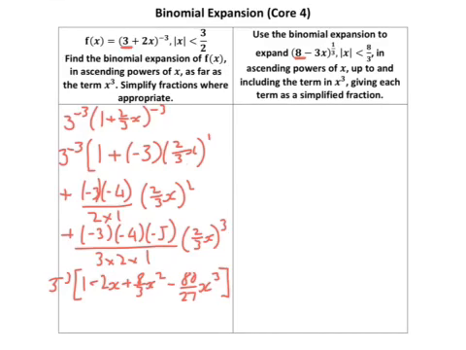Multiply through by 1/27, or 3 to the power minus 3, and my final answer is going to be 1/27 minus 2/27 x plus 8/81 x squared plus 80/729 x cubed. Alright, there's the first one, nice and easy.